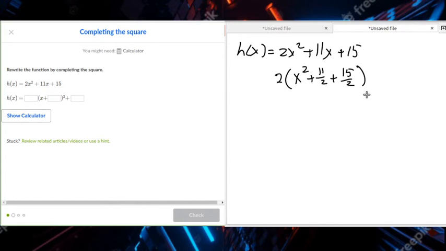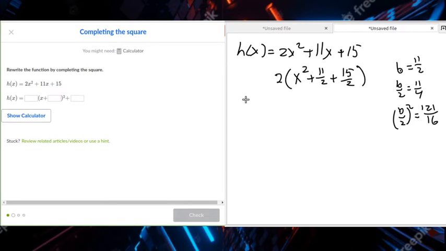Okay. And now I'm going to get my b. b is equal to 11 halves. So my b over 2 is equal to 11 fourths, and my b over 2 squared is equal to 121 sixteenths.